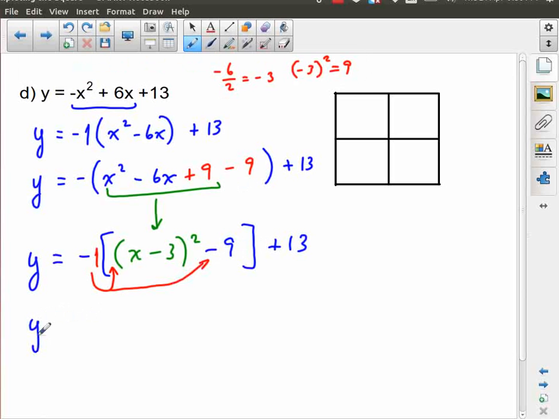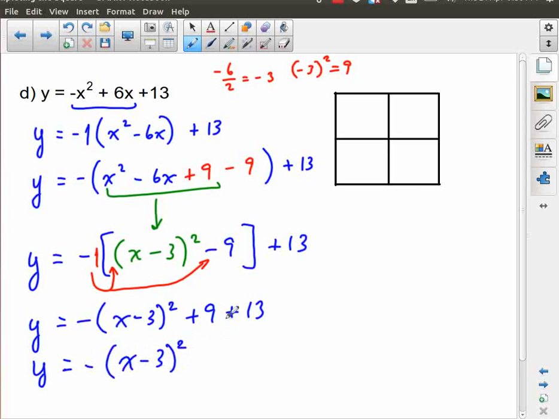So we get y equals -1 times this bracket is just negative of that bracket. -1 times -9 is +9 plus 13, and the last step: y equals negative (x minus 3) all squared, and this is going to be +22.